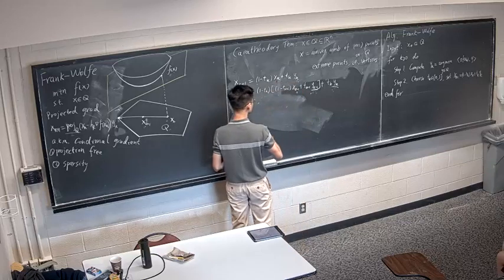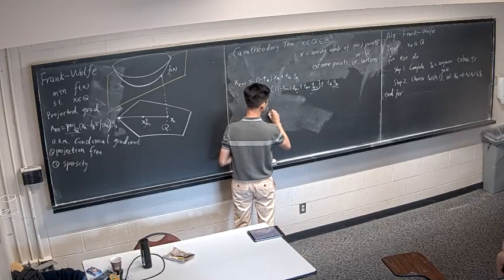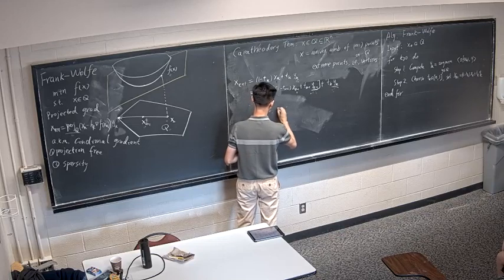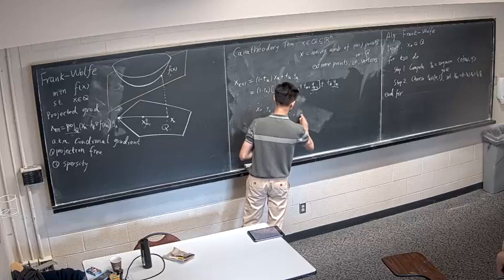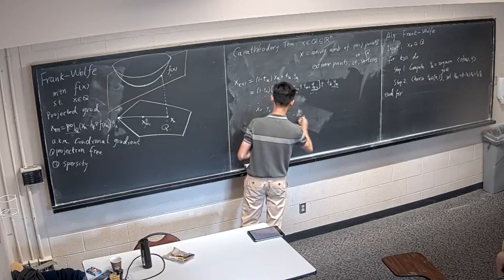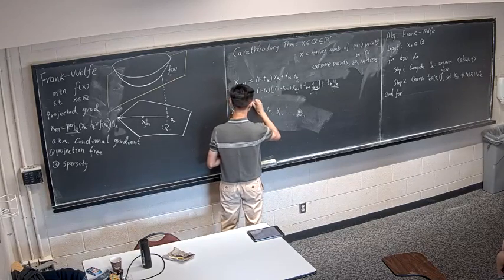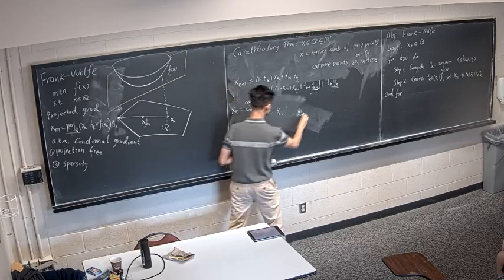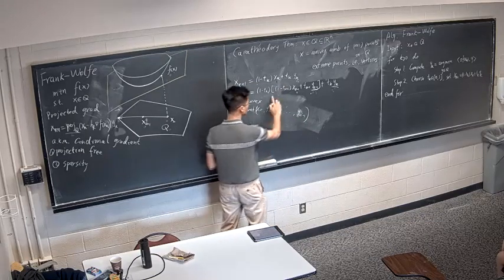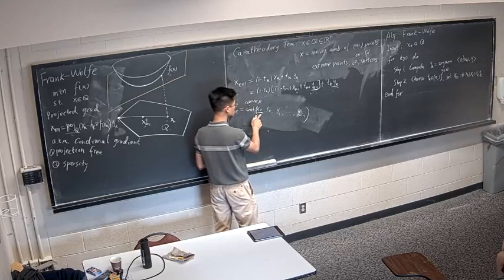So do this process until the end, so you will have x0, y0, y1, up to yk minus 1. So xk is a convex combination of all these points, right? Just like what we do here. So suppose the initial point x0 is also a vertex.